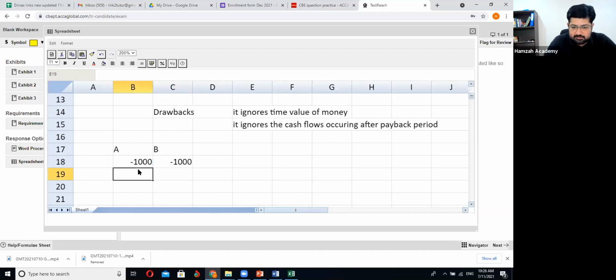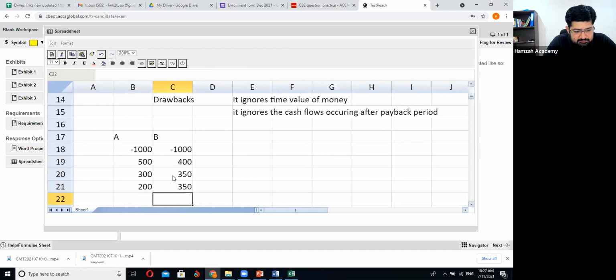And their cash flows are like that. For example, 500, 300, 200, 400, and 350, 350. Both have payback period of 3 years.